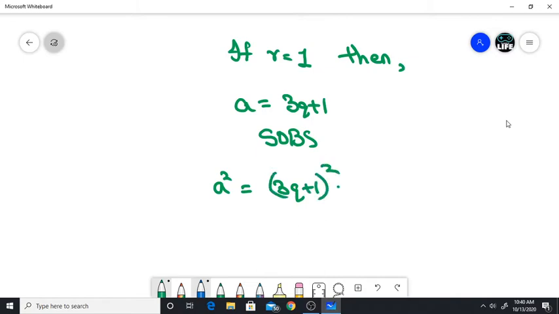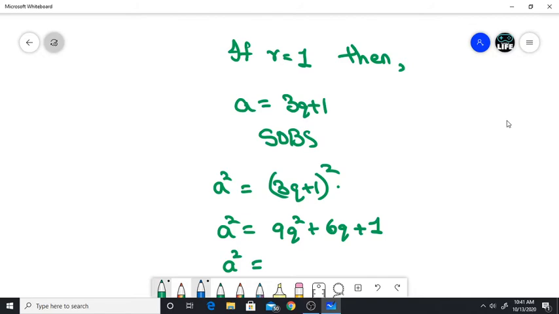It is in the form a plus b whole square, where a plus b whole square equals to a square plus 2ab plus b square, which gives 9q square plus 6q plus 1.